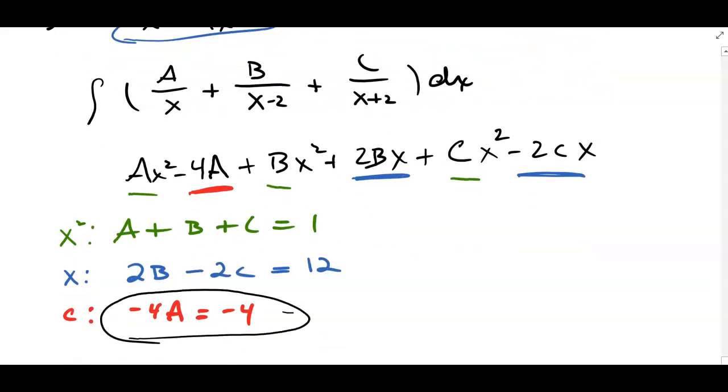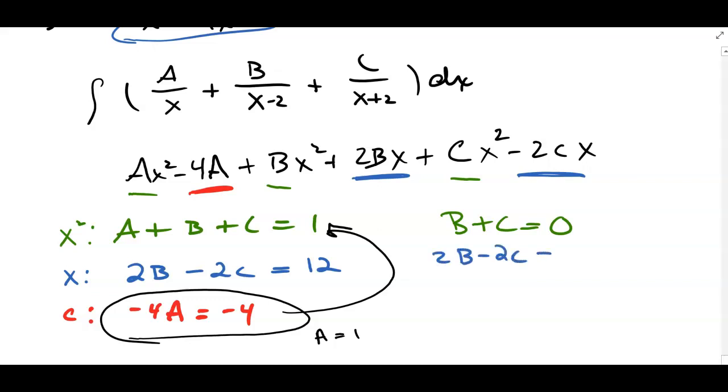This one works out real nice again. You just go ahead and plug that in. Obviously, a equals 1. So now in that first equation, that green equation, it actually becomes what? b plus c equals 0, correct? Yeah. Because I have 1 plus b plus c equals 1, so b plus c equals 0. And then I also know that 2b minus 2c equals 12.